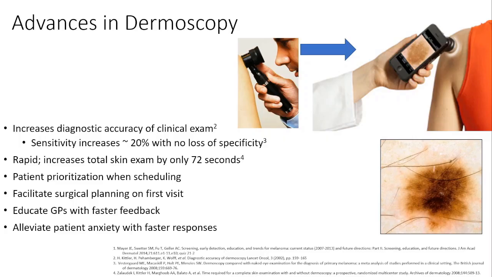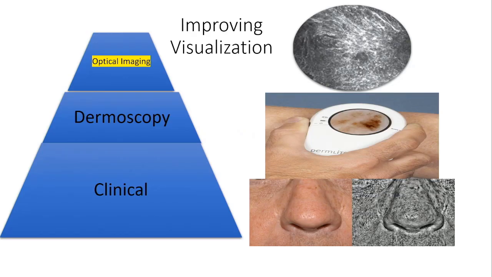And so even advances in dermoscopy, including mobile dermoscopy and teledermoscopy, have really transformed our reach as clinicians. And it's important, especially in developing countries, that we can use this technology where it's not readily available. So there is this pyramid of therapeutic or diagnostic imaging, and it always starts with the clinical, right?